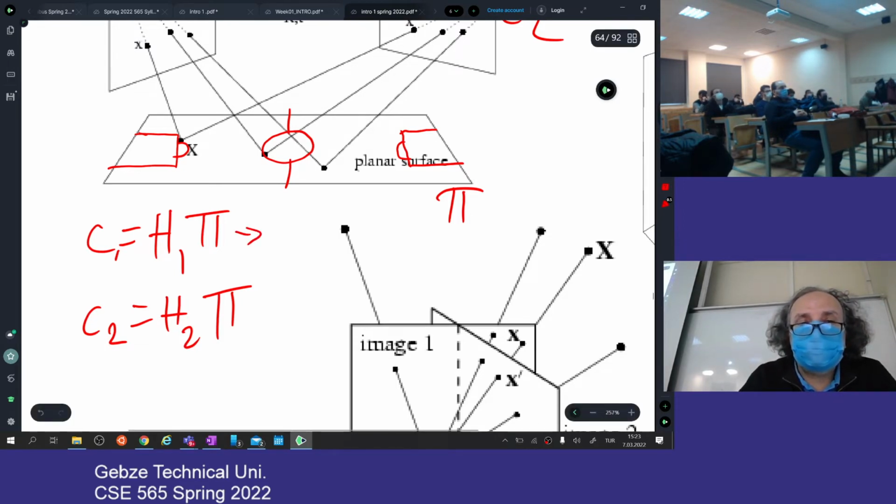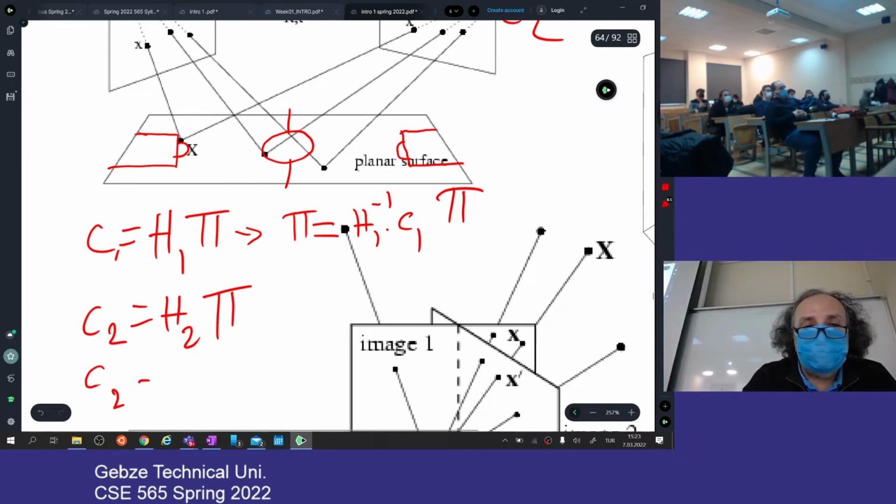I will say pi is equal to H1 inverse times C1, then C2 is H2 times H1 inverse times C1.